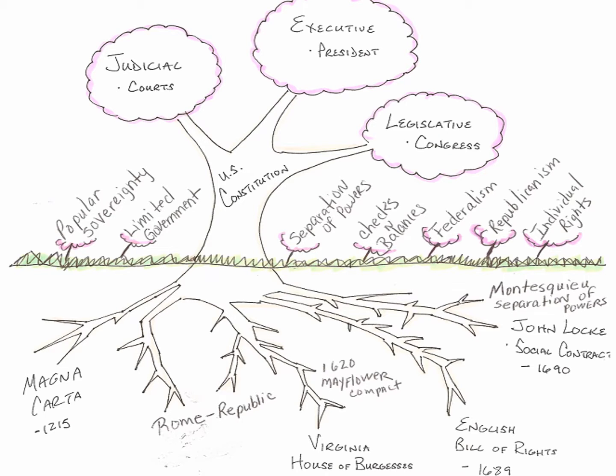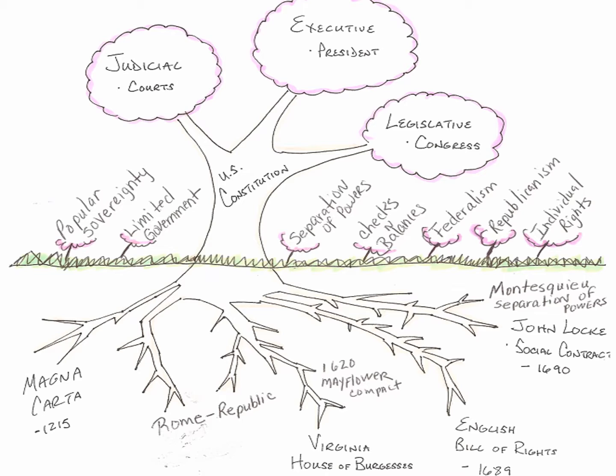And here, guys, we have a drawing. And right now, I'm going to ask you to answer some questions for me. But let's analyze this. At the very bottom of this tree, we have the roots, and that's Magna Carta. We have the Roman Empire, or the Republic. We have the Virginia House of Burgesses. We have the 1620 Mayflower Compact. We have the English Bill of Rights of 1689.